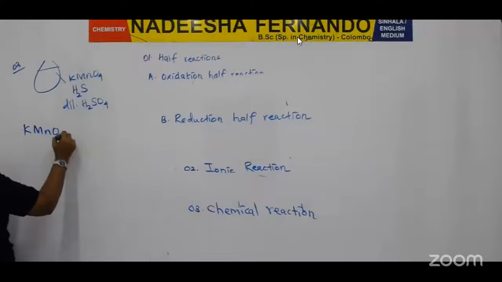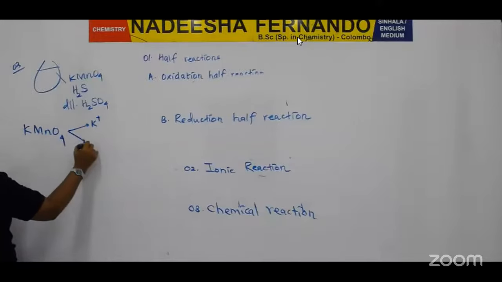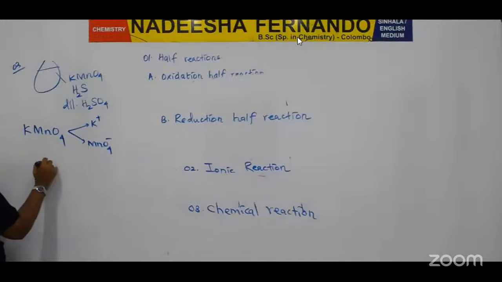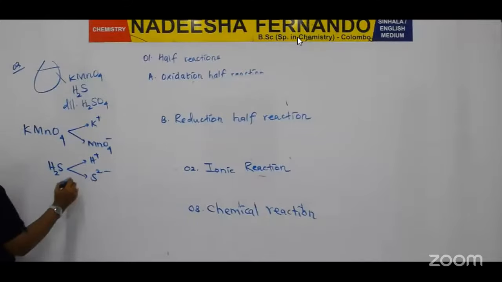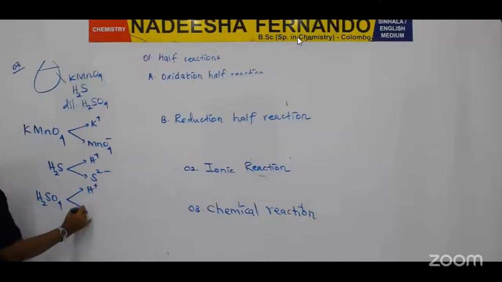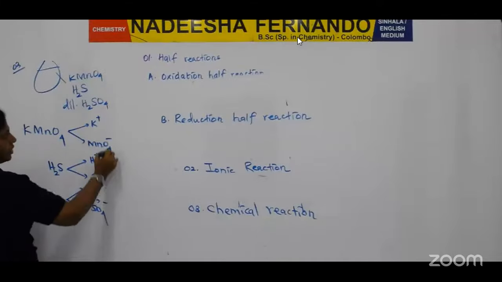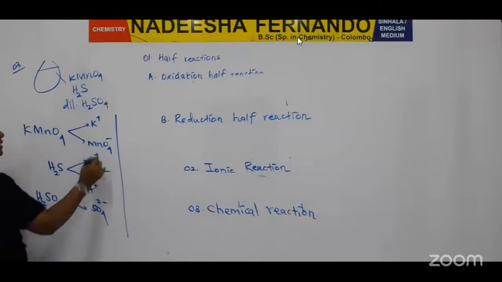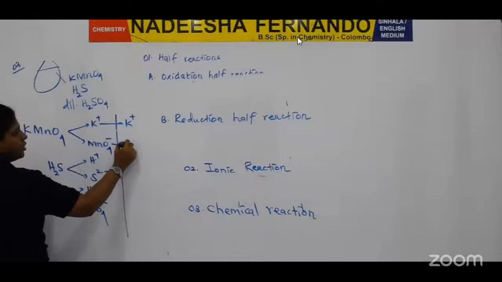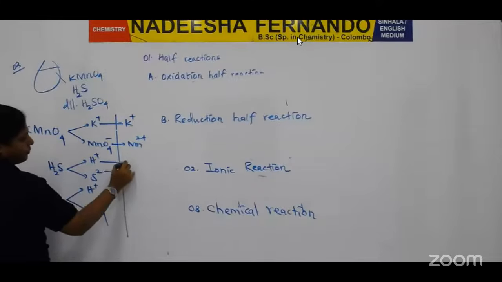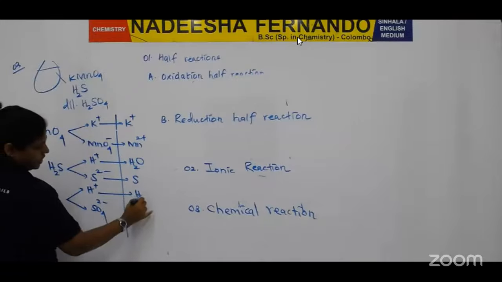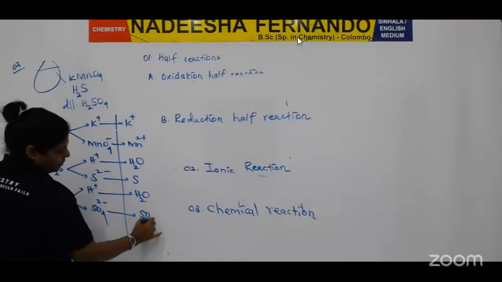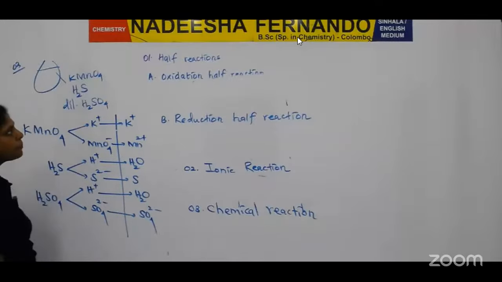With practice, you know that KMnO4 goes to K plus and MnO4 minus, H2SO4 to H plus and SO4 2 minus, and H2S to H plus and S2 minus. So after the reaction completed: K plus, MnO4 minus, Mn2 plus, H plus, H2O, S2 minus, S, H plus, H2O, with SO4 2 minus remaining as SO4 2 minus.